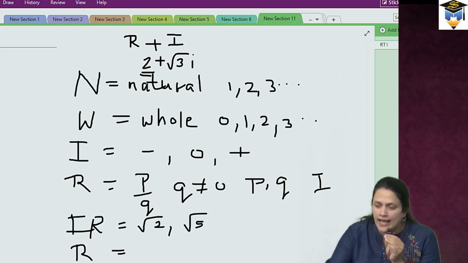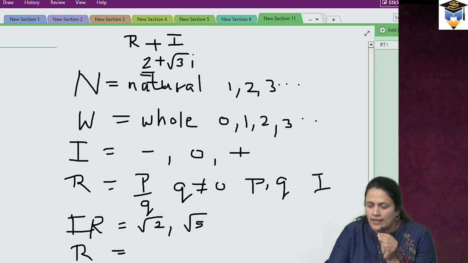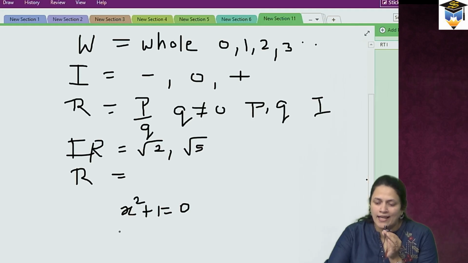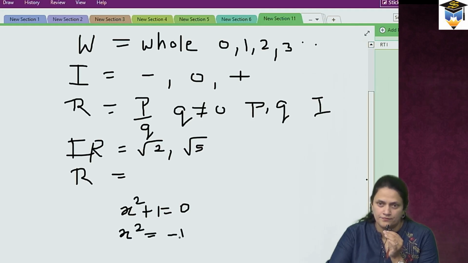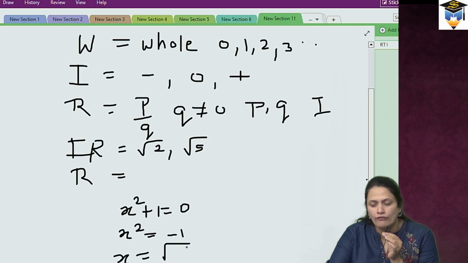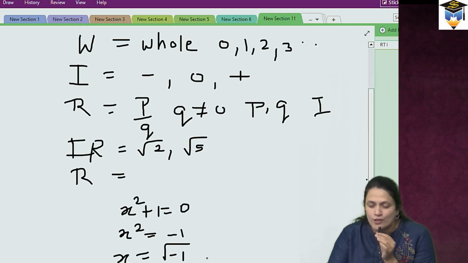Suppose x square plus 1 is equal to 0, can I write x square as minus 1? Now, in order to find the value of x, what will be the value of x? Square root of minus 1. Square root of minus 1 is always equal to i, which is an imaginary number.